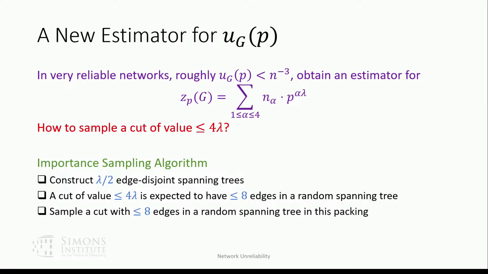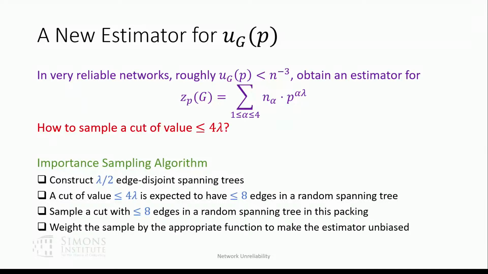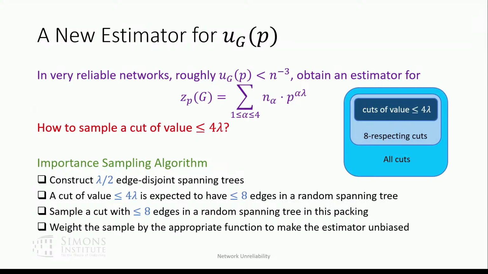So if I focus on just these cuts, that includes all the cuts that I care about. Okay, it might include a lot of other cuts. Many other cuts might have a small number of edges in a spanning tree. And once I sample, I weight the sample by the appropriate function, like p raised to the cut size.